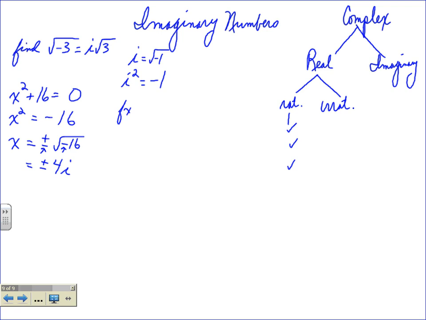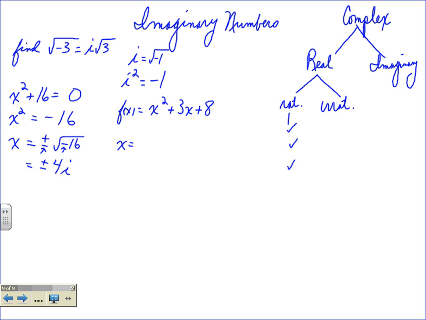Here's a function, f of x equals x squared plus 3x plus 8. I know it doesn't factor. For whatever reason, I don't want to complete the square. So let's put this in the quadratic formula.